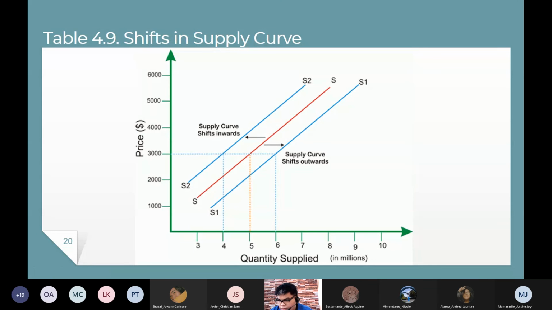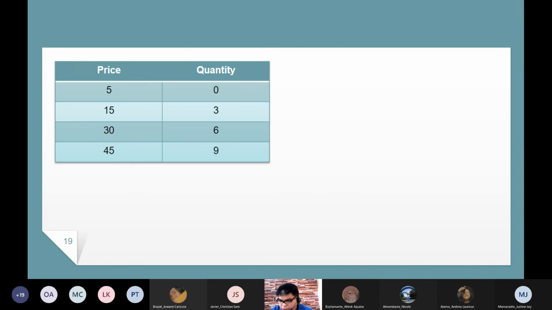Wala ako ng sample, but on the book, you have figure 4.8. So, yung S, yung supply mo is pataas siya. Then, pataas din yung price and pataas din yung quantity mo. Hindi ako makadrawing nung curve. Sorry. So, the supply curve is on page 38.